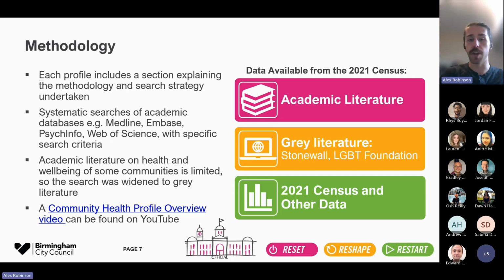The profiles also make, or at least the gay and the bisexual profiles make, significant use of the 2021 census data, as well as data from Health Survey for England, GP patient surveys, Fingertips, Department for Education, and other resources like that. There are lots of limitations in using this data for understanding the inequalities for the LGBTQ plus community, but I'll go through those in a sec.